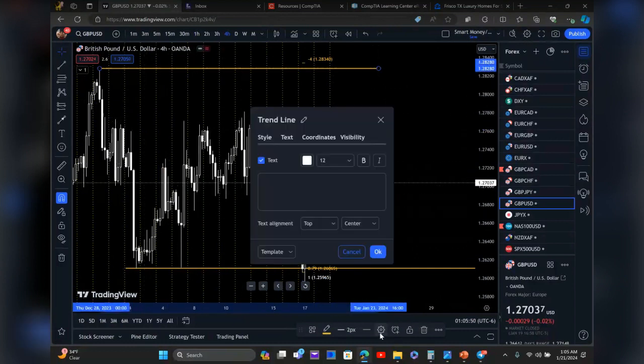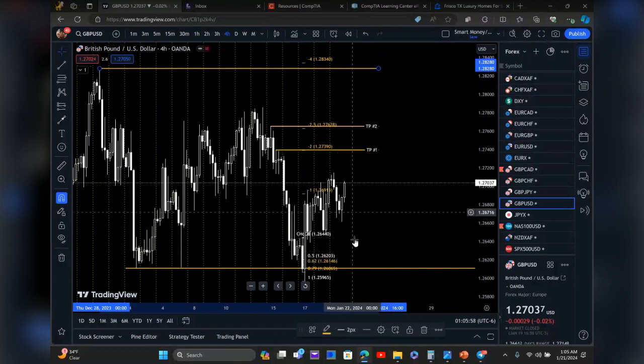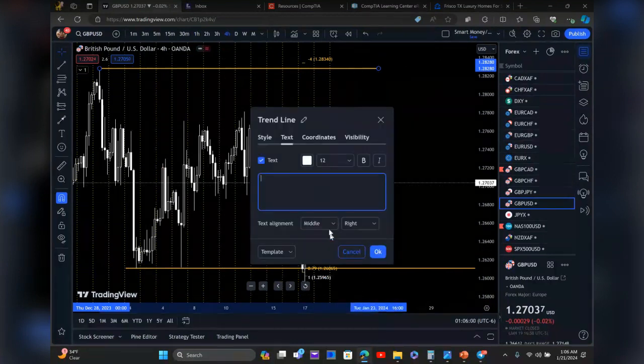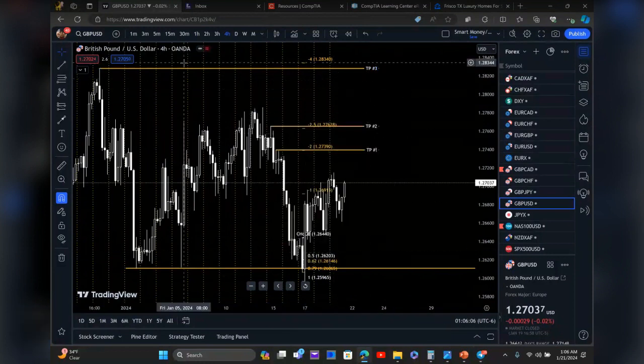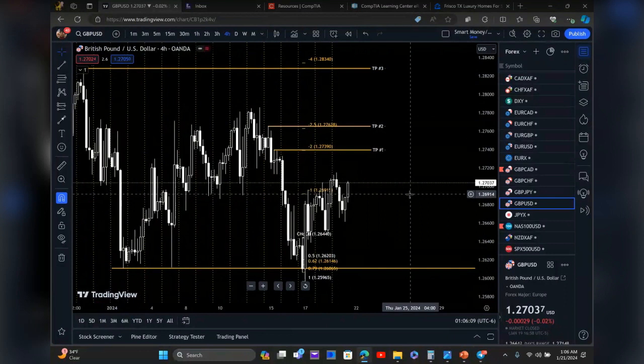All right. I want to go back to GJ and see how many pips those are. Oh man. All right, okay. TP 3. All right. So those are my 3 targets right there. Okay.